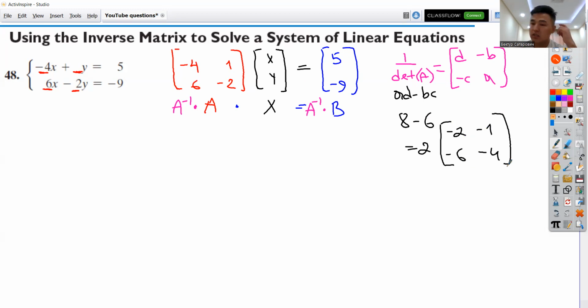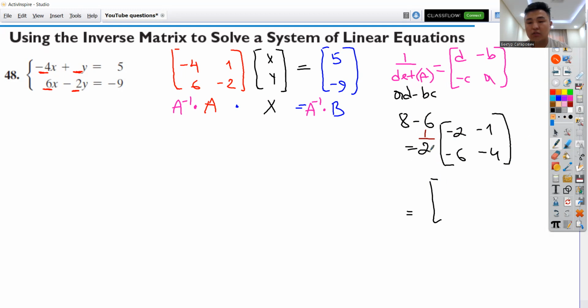Oops, I'm sorry, I think I did something wrong here. So 1 over 2 should be the formula, right? My determinant is 2, so it is 1 over 2. Now 1 over 2, which is 0.5, multiplied by each of these members. It literally means divide by 2.